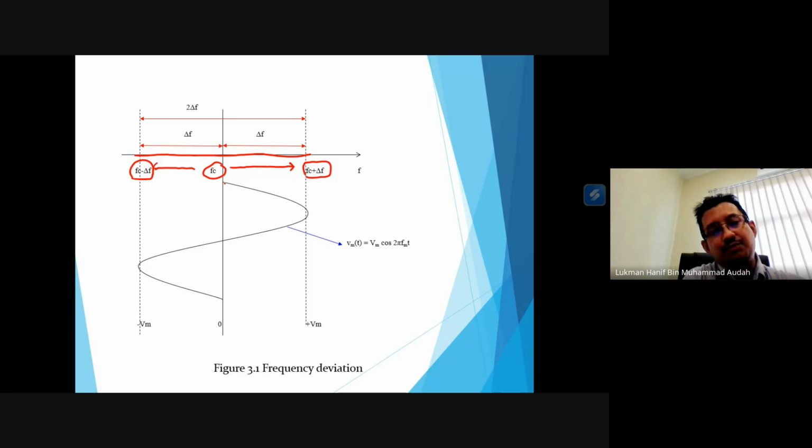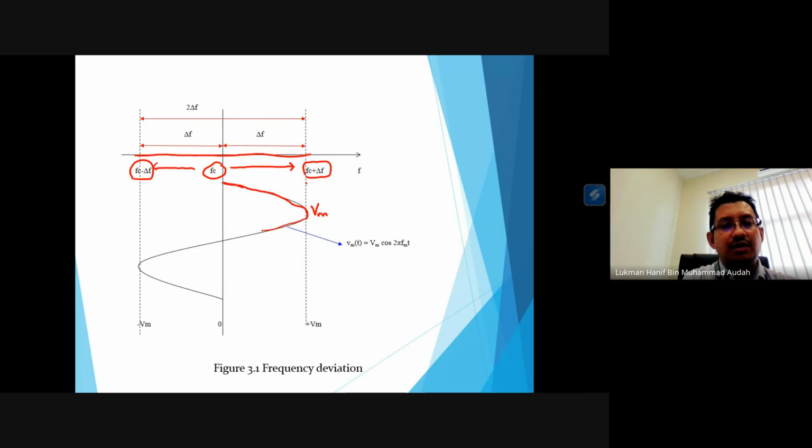If you see a sine wave starting from here, when the input signal varies from 0 until it reaches the peak value Vm, the carrier frequency would be maximum, Fc plus delta F.